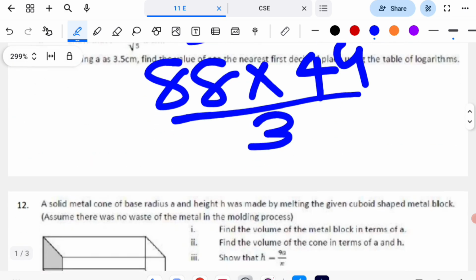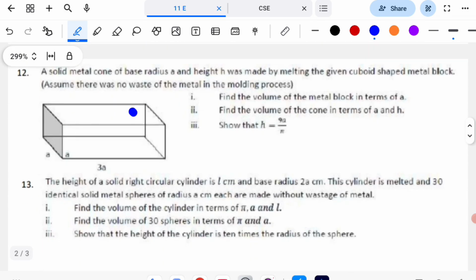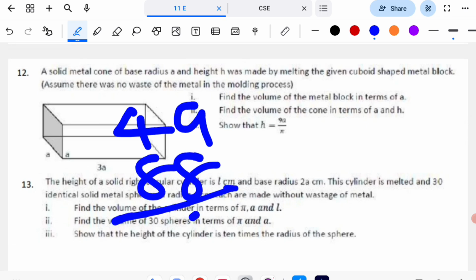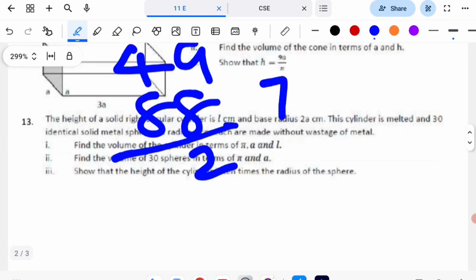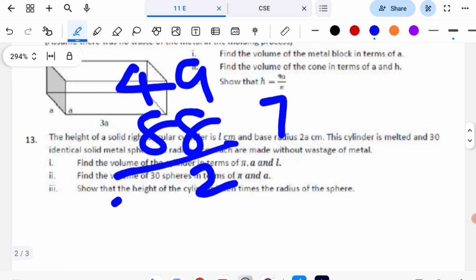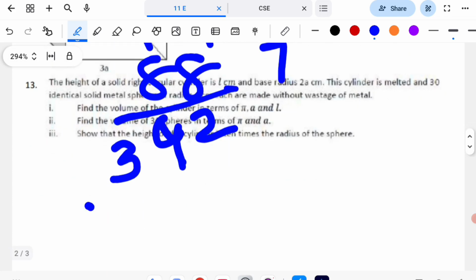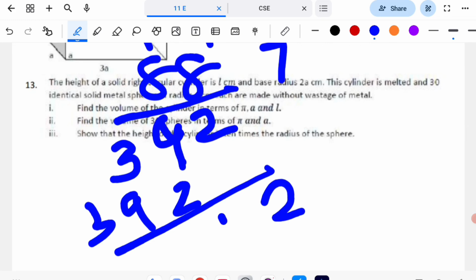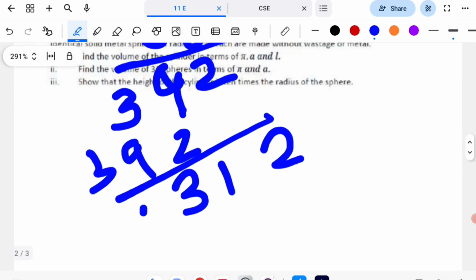Now I will multiply it. 49 multiplied by 88. 8 into 9, 72. 7 remaining. 8 into 4, 32. 32 plus 7, 39. Again we have to multiply by 8, 392. And we can add: 2, 9 plus 2, 11, 1 remaining. 3 plus 1, 4. 4 plus 9, 13. 1 remaining. 1 plus 3, 4.